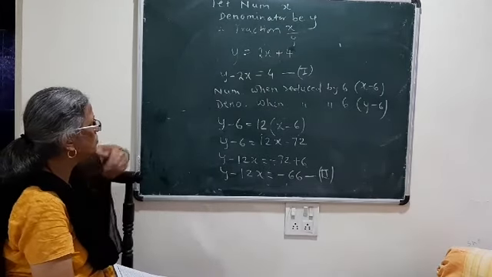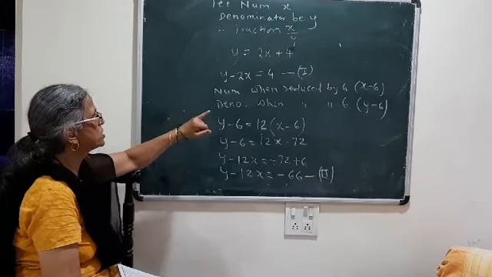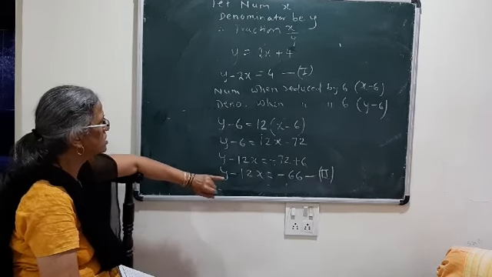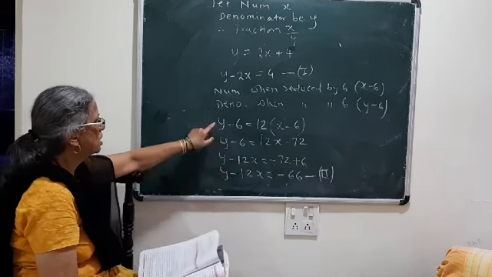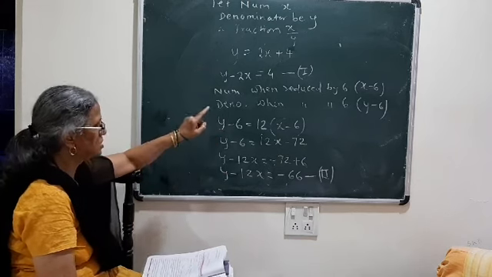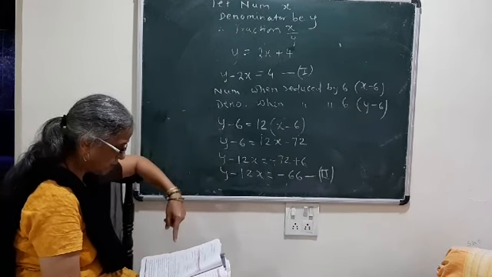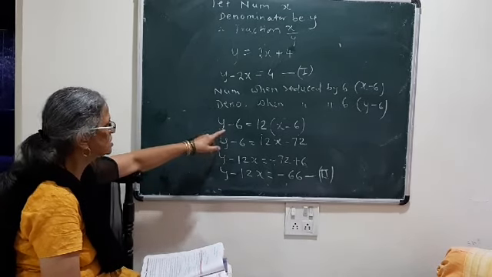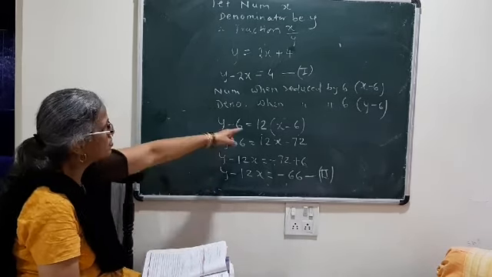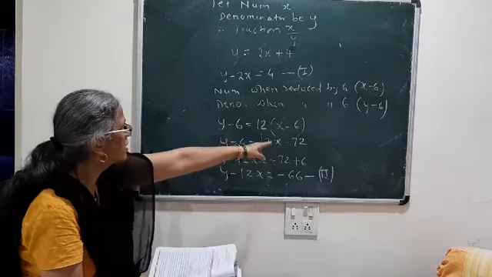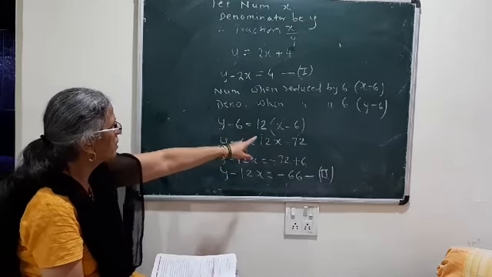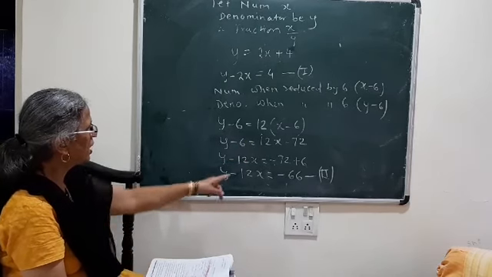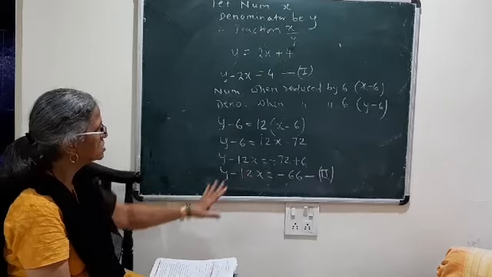So first equation we have y minus 2x equal to 4, and second equation y minus 12x is equal to minus 66. After reducing both by 6, what condition have they given? Denominator becomes, so y minus 6 is equal to 12 times the numerator, 12 bracket x minus 6. So write the bracket compulsorily, 12x minus 72. So that will become minus 72 plus 6, minus 66.